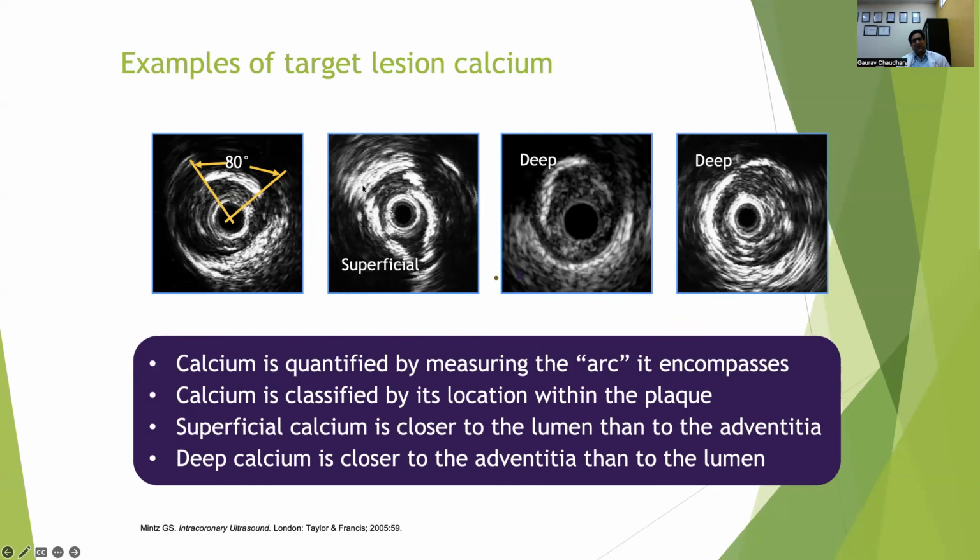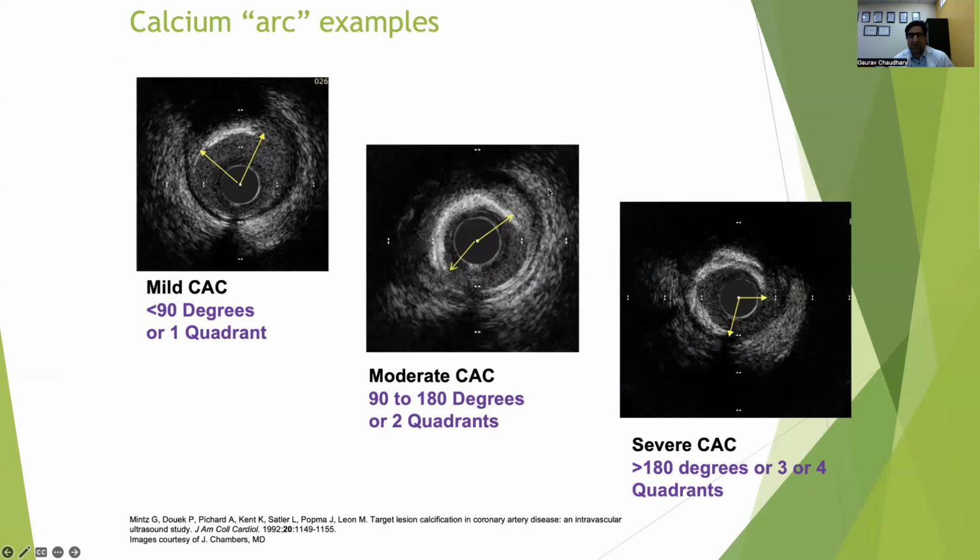It can be superficial, it can be deep. In superficial, we usually say it is near the catheter and in the upper 50% of the intima and media of the plaque, and in deep, it is away from the catheter and it lies in the lower half of the plaque.